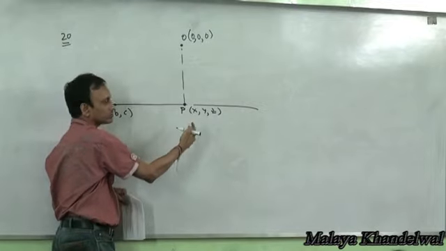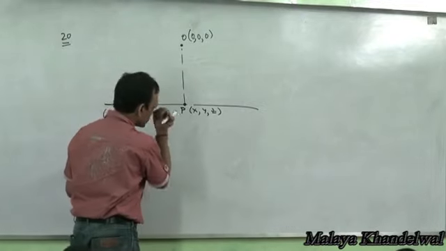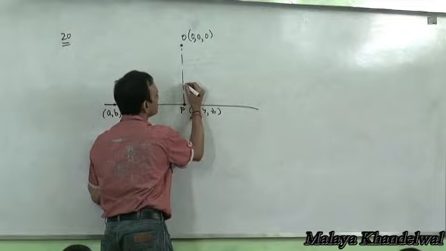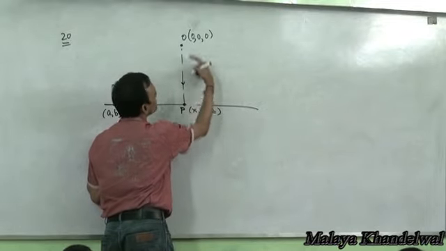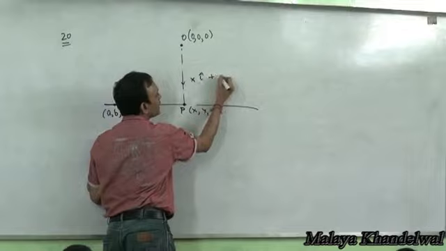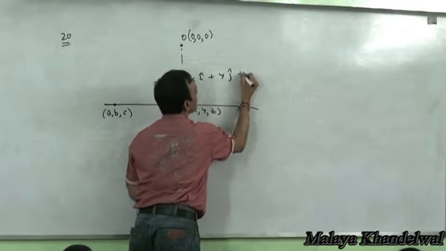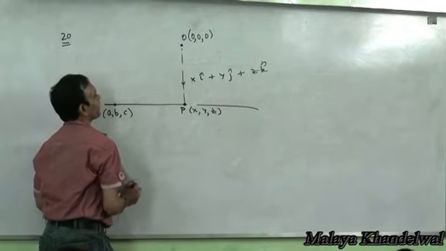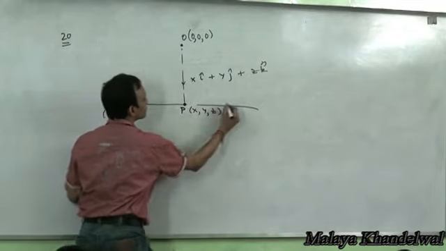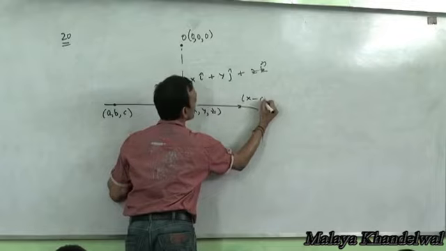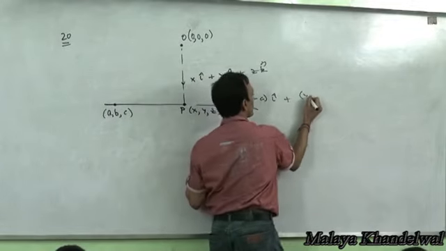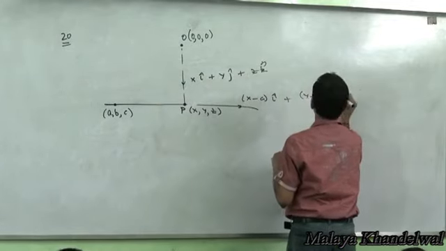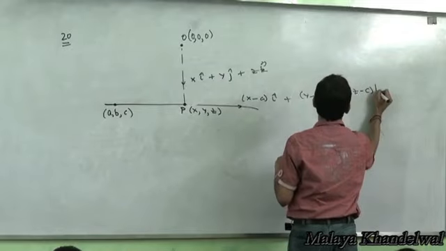While this plane is rotated, we need to find the locus, right, where P is the foot of the perpendicular from O onto this. Now, fairly simple, because realize that a vector along this is like x minus 0 i plus y minus 0 j plus z minus 0 k. That's a vector like this. And a vector along the plane is like x minus a i cap plus y minus b j cap plus z minus c k cap.